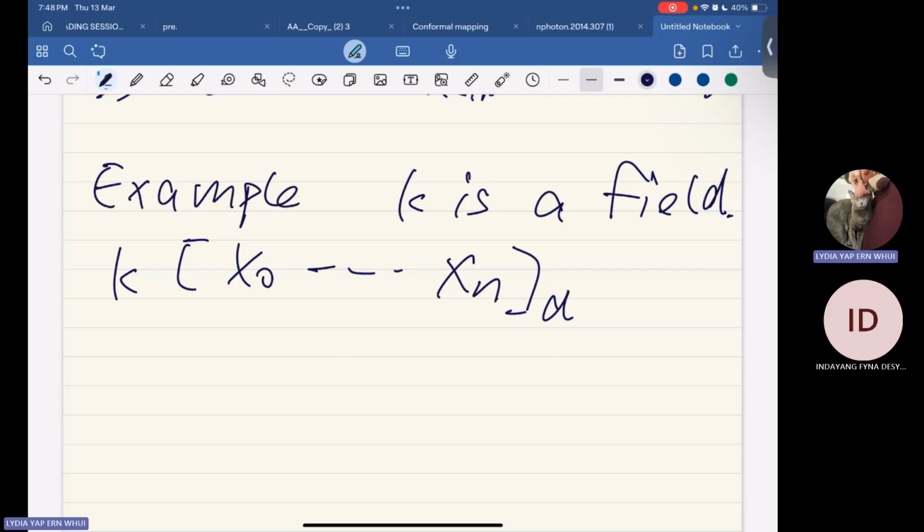It's just the homogeneous polynomials in this ring. According to this example, our last section's graded definition follows what we define now, because every component lives in a grade.